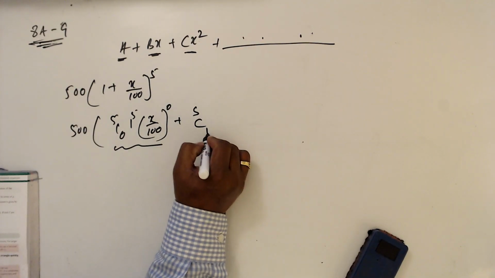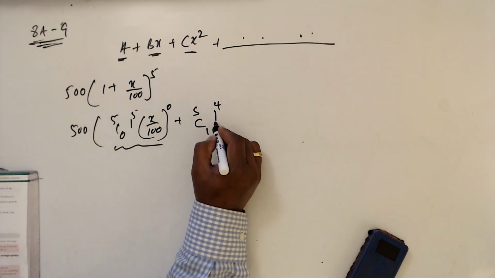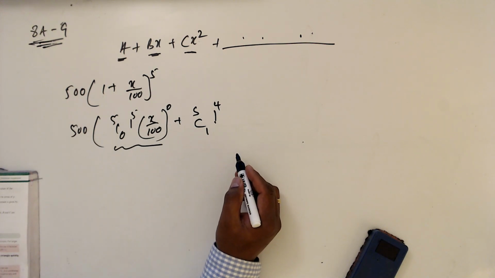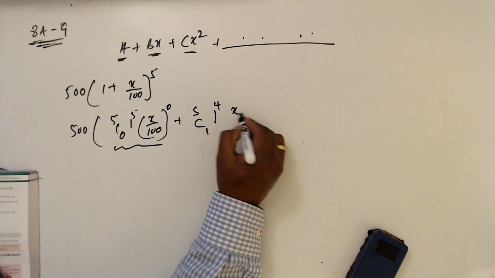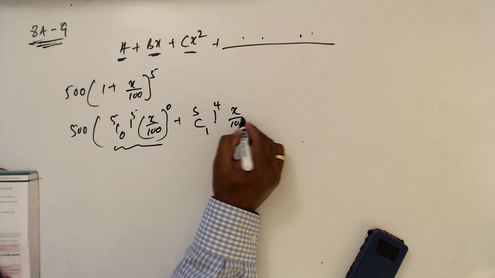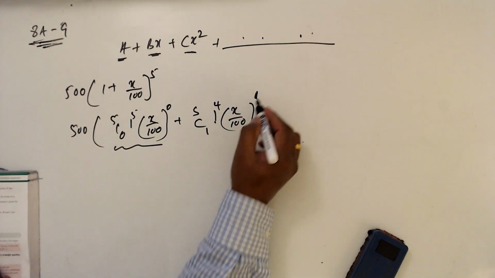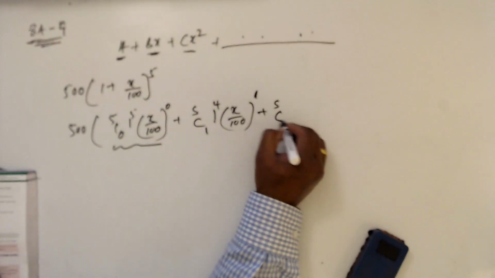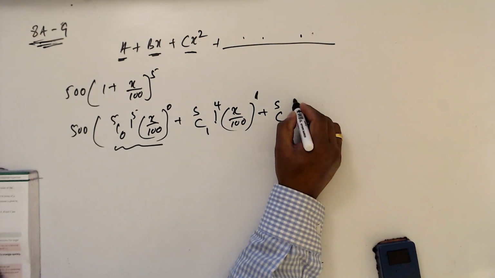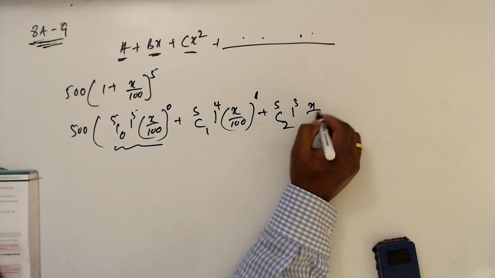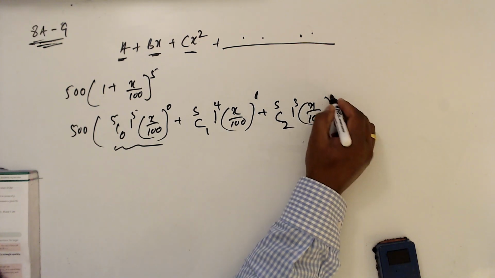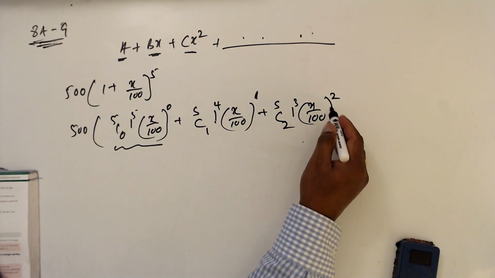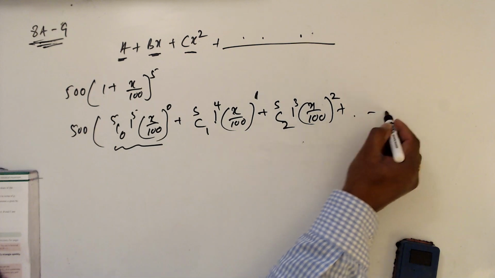Then 5c1, 1 to the power 4, times x over 100 to the power 1. That is the x term. And 5c2, 1 to the power 3, times x over 100 squared. The next one is going to be cubic. You don't need that one.